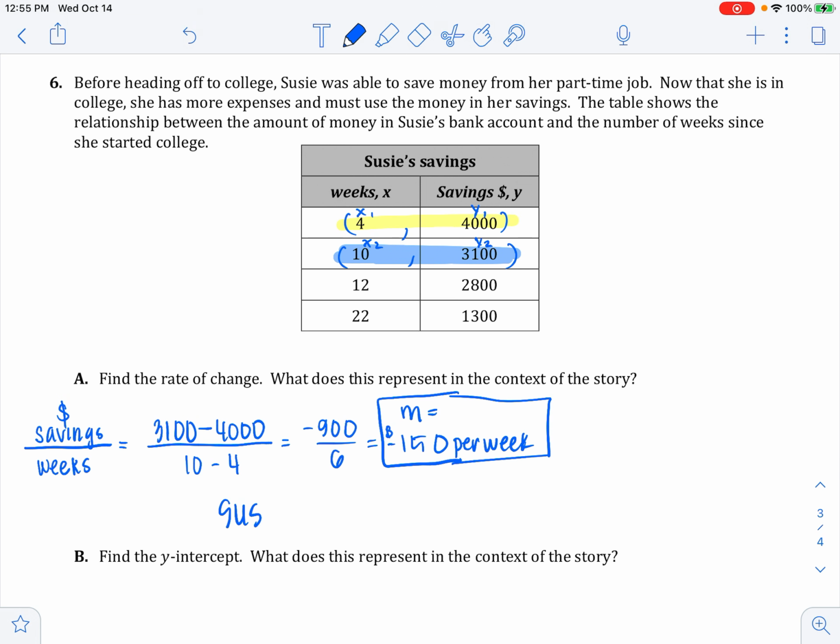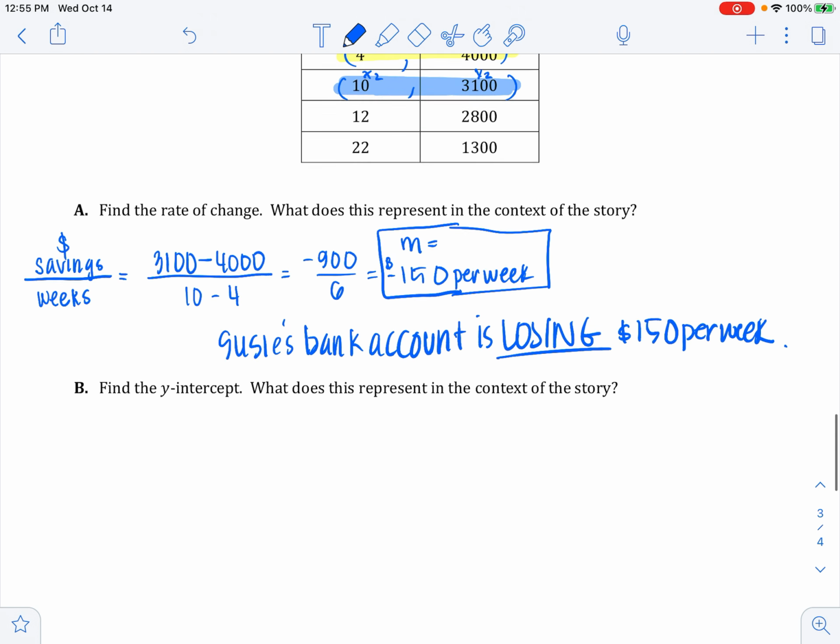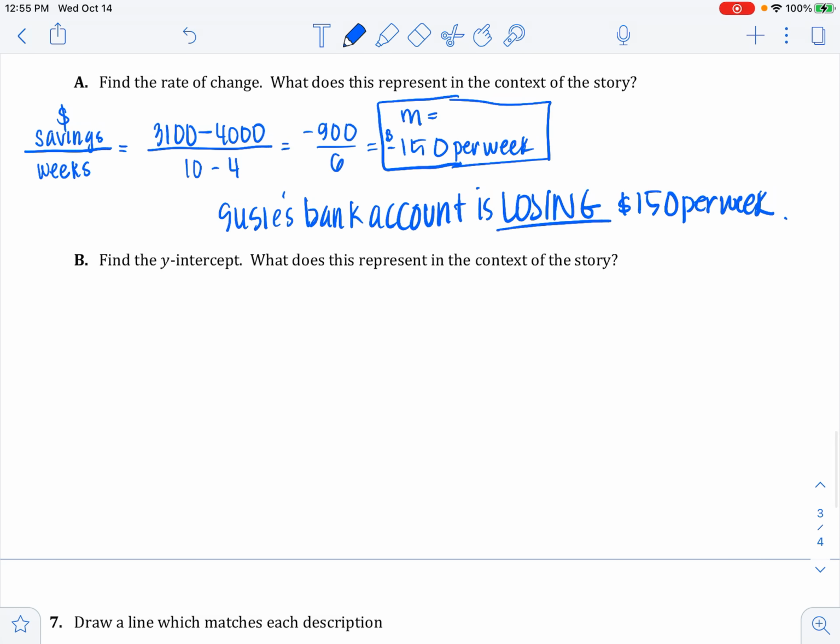We can say Susie's bank account, and since it's negative, is losing $150 per week. Now notice I didn't put negative $150 because I used the word losing, which represents negative.